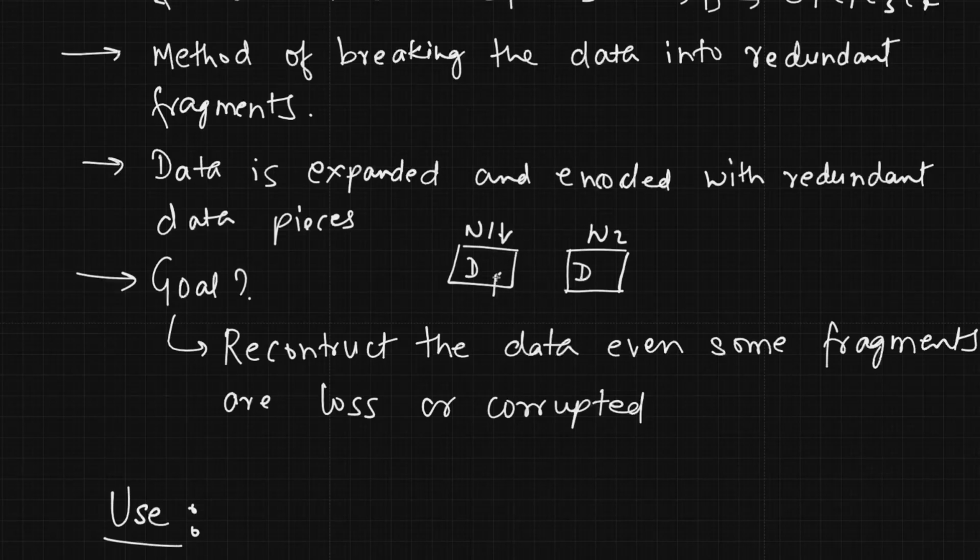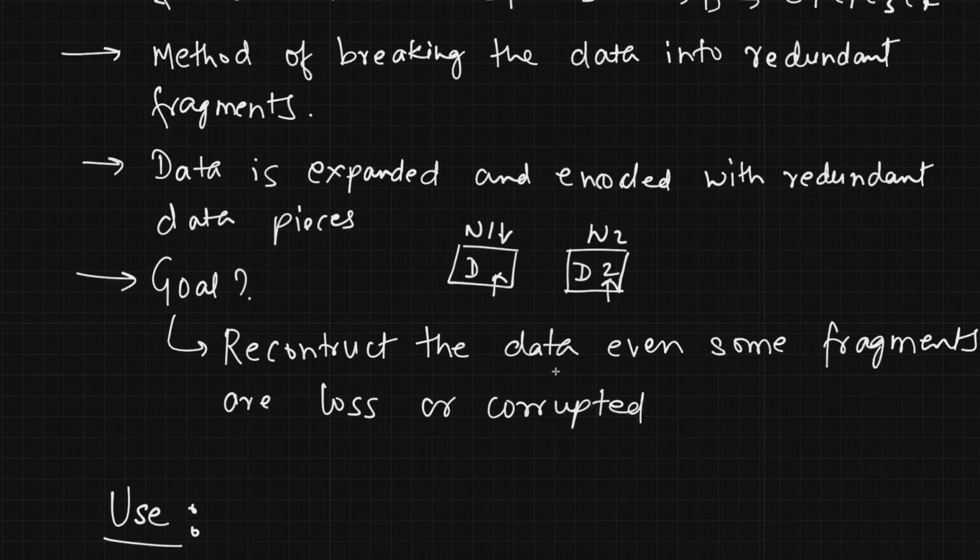There is some corrupted data here and my data gets corrupted in the second node also. Now there is no way to validate the data of D2, which is in N2. And if this node also gets corrupted, we don't have a way to generate the data back.